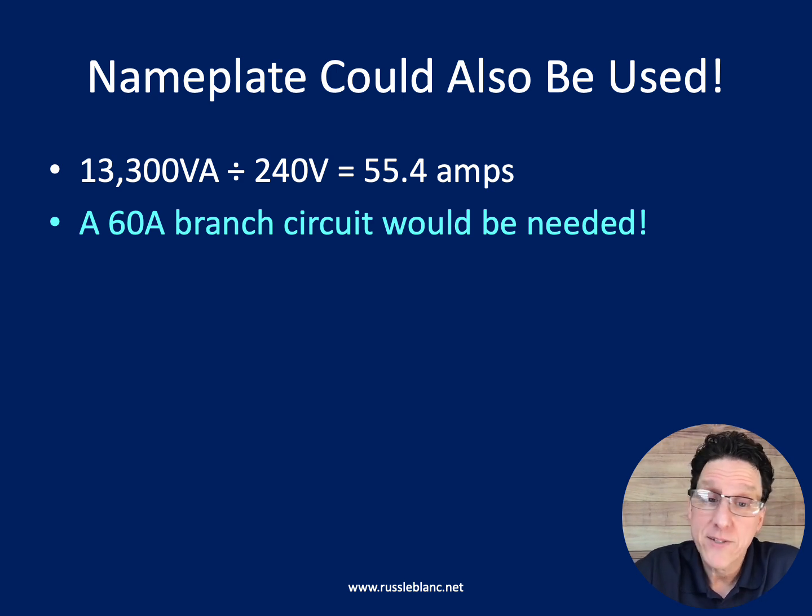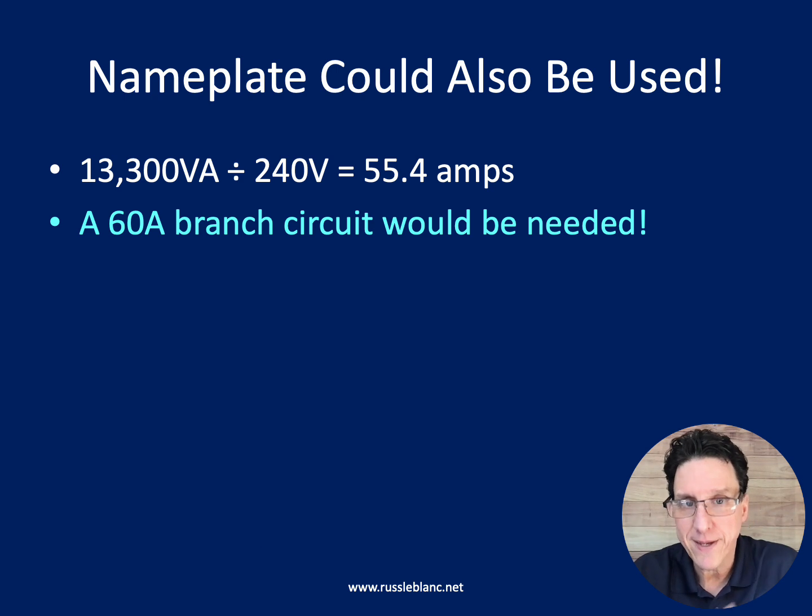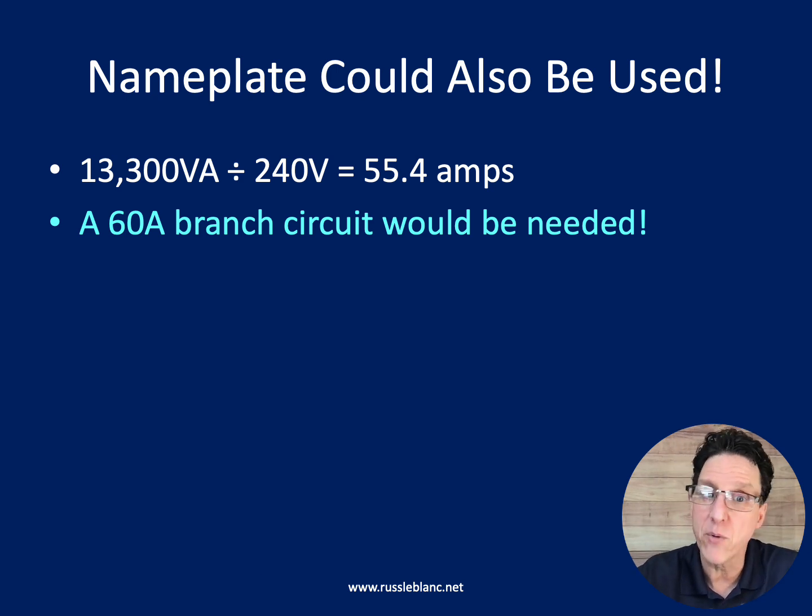Wow, right? So a 60 amp branch circuit is a whole different animal compared to a 40 amp or even a 50, right? Creates a whole other set of issues to deal with, like the receptacle and the wire size and the breaker size, et cetera. So if you ran a 60 amp branch circuit, you have to follow all the rules for a 60 amp branch circuit.